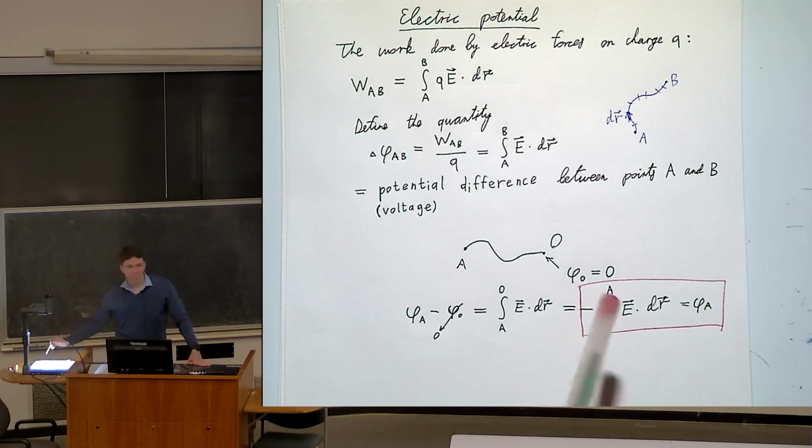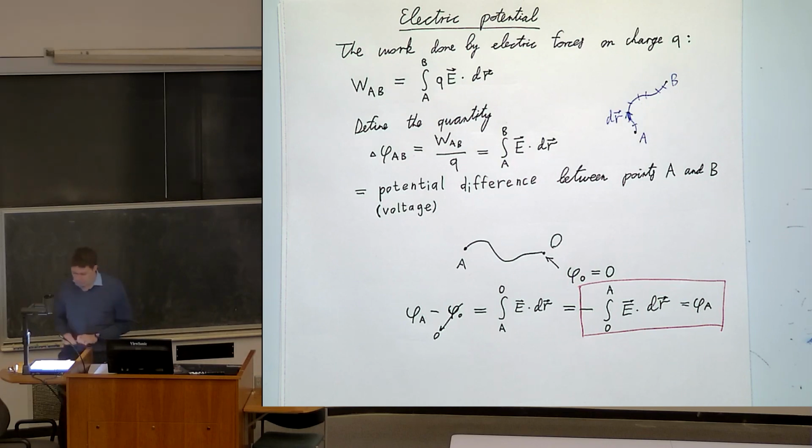And instead of 0, we can write any value if you wish, and that will define the potential at all other points. And usually some choices for particular problems are more convenient than the others.